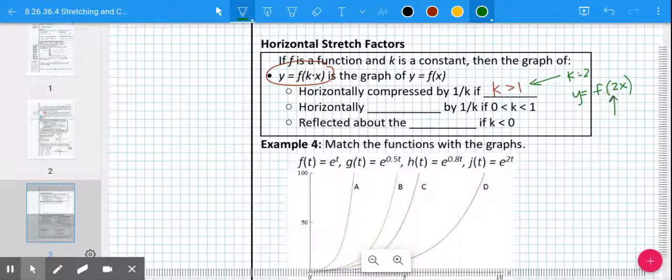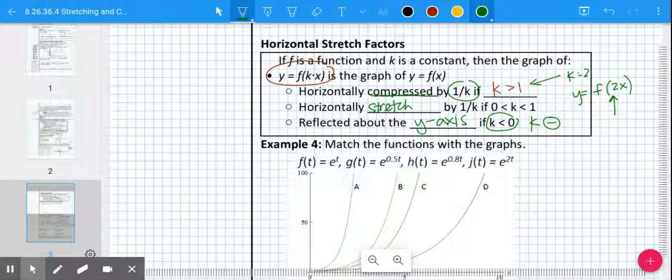So it appears that you're multiplying by 2. What you're really going to do is horizontally compress by 1/2. That's what this is trying to say. Vice versa, we are going to horizontally stretch by 1 over k when k is between 0 and 1. If your k is negative, then of course we will have a reflection, and this time it'll be reflected over the y-axis. Let's try one more of these.